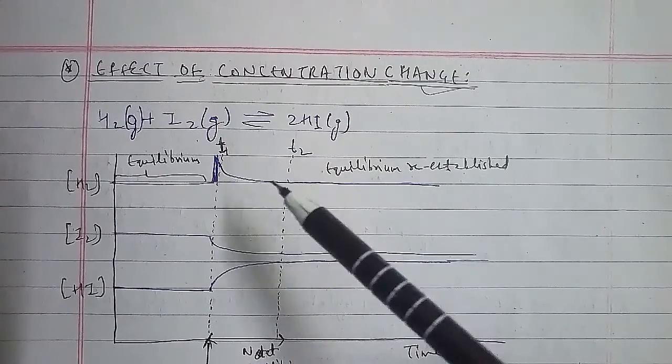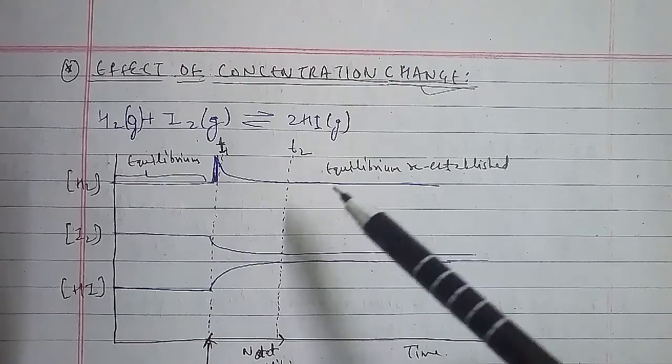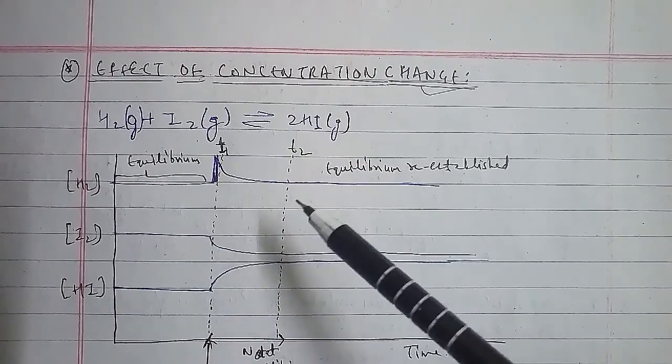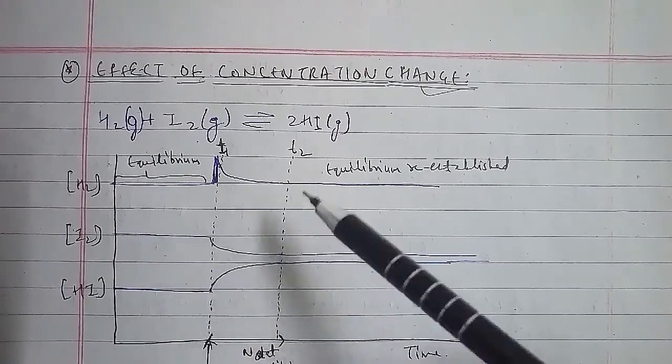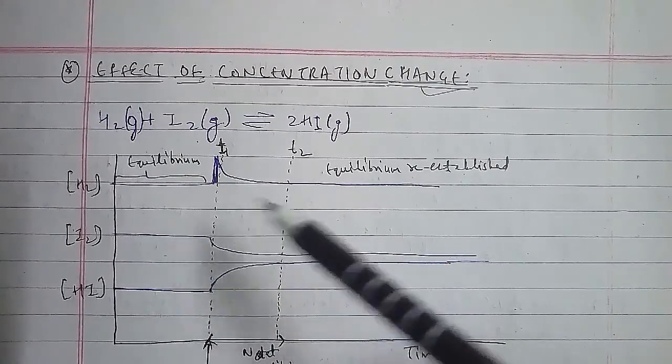In other words, when the concentration of any reactant or product in a reaction at equilibrium is changed, the composition of the equilibrium mixture changes so as to minimize the effect of the concentration change.